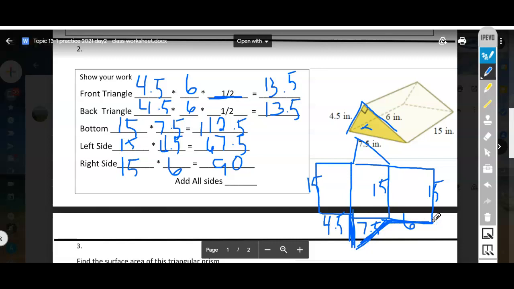So what do I get when I put all this together? 285. Is that what everybody got? What'd you get? 297. Who agrees? What'd you get, Amir? If I remember correctly from the last class, I believe it is 297. And that would be square inches.